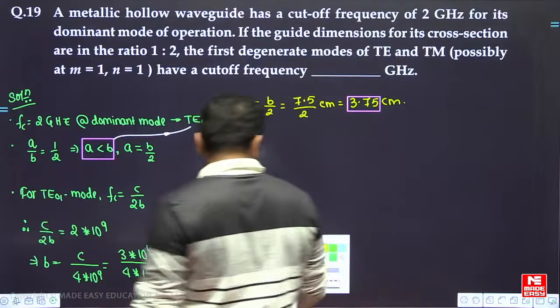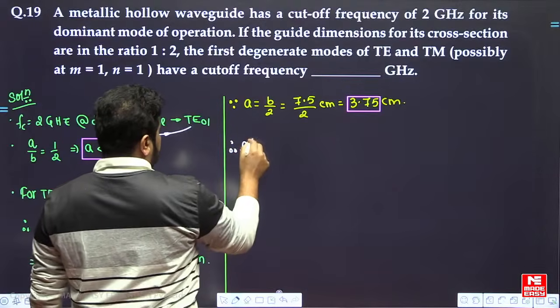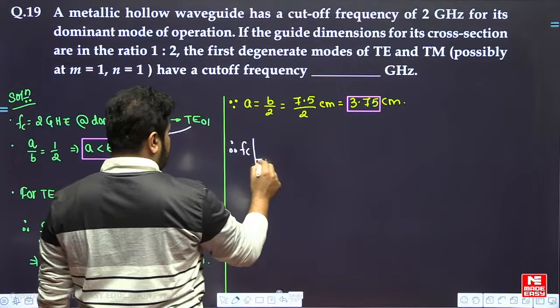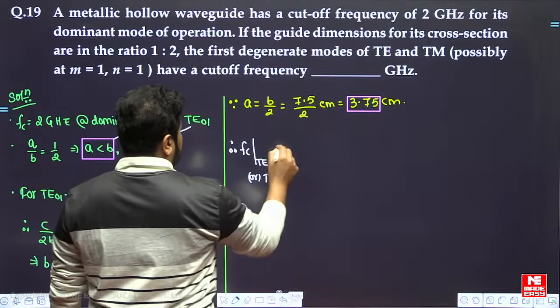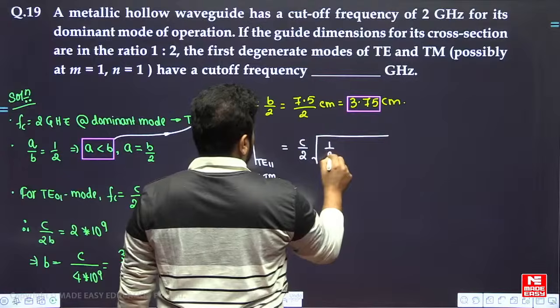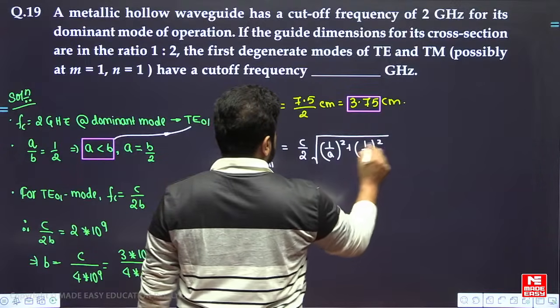Now, they are asking the cutoff frequency. So, therefore, cutoff frequency for TE11 mode, either TE11 or TM11, because both are degenerate modes, this will become C upon 2 root under 1 by A whole square plus 1 by B whole square, isn't it?